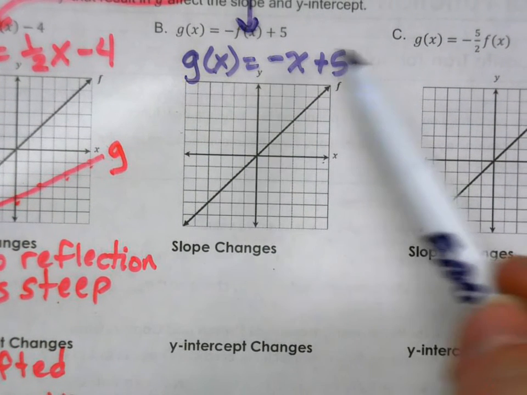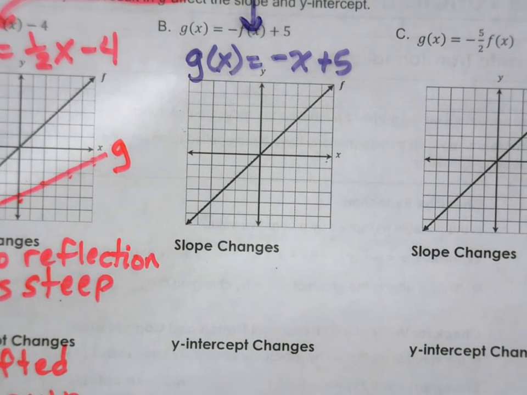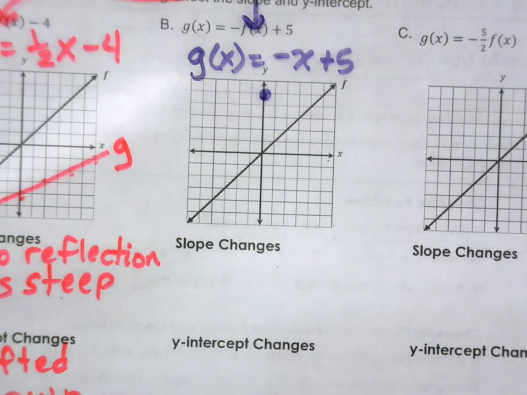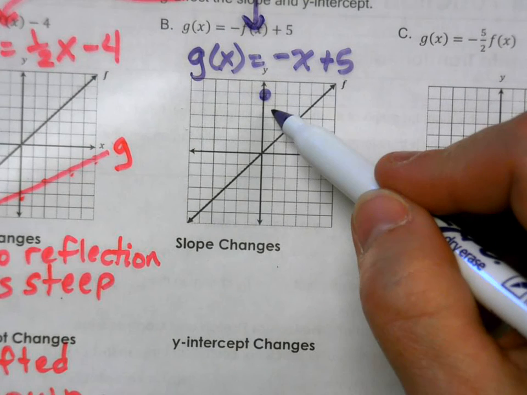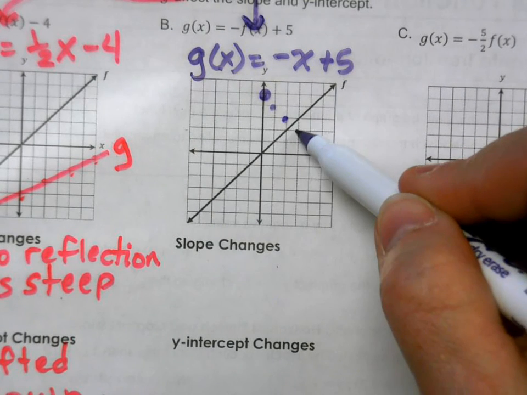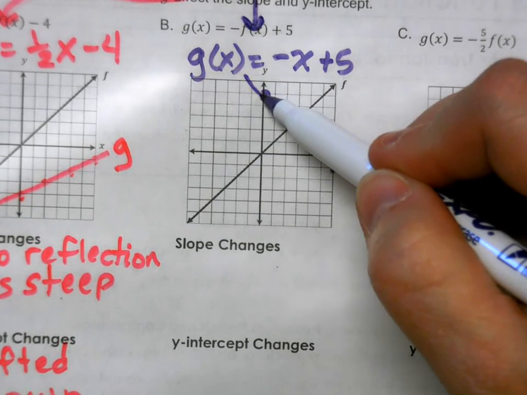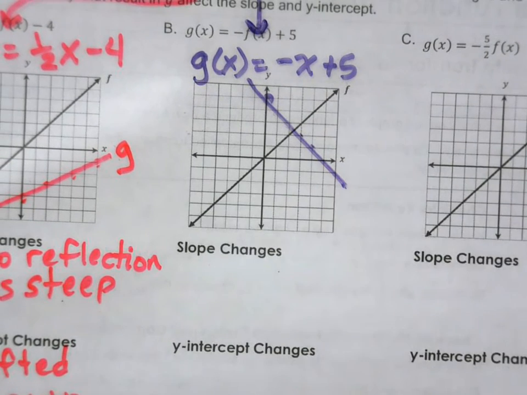So to graph this, where am I going to start? +5. And then what's my slope? -1. So down 1 over 1. So here's my new line.